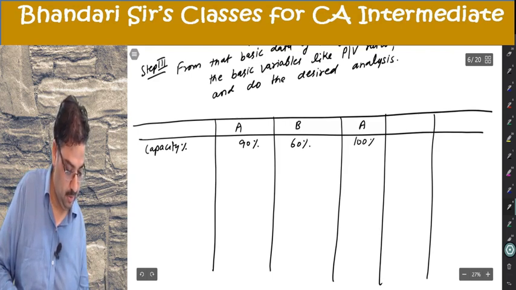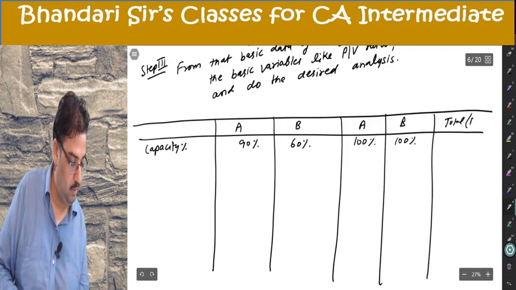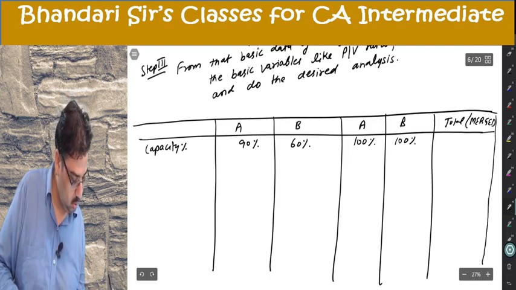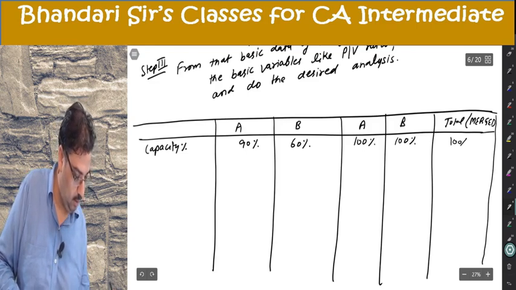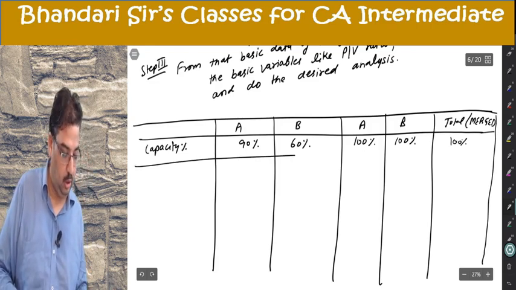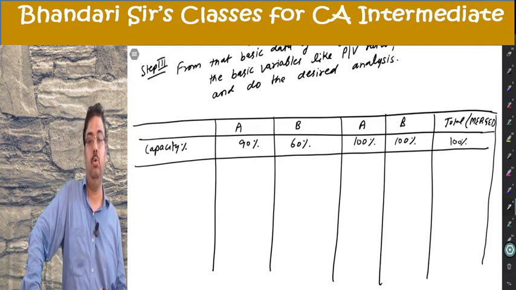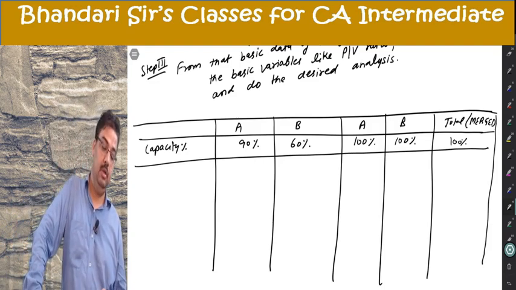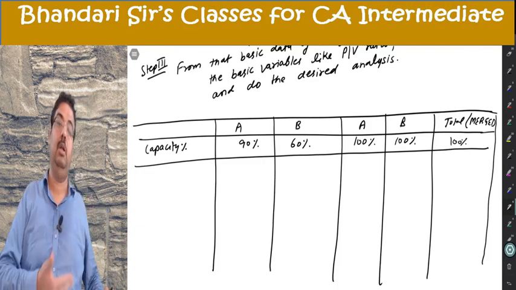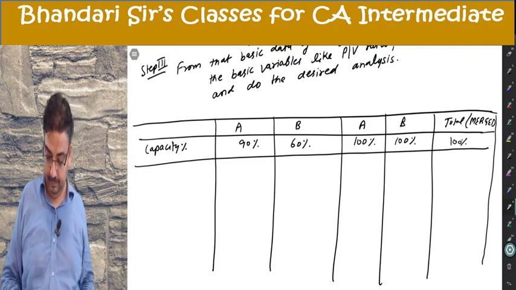A at 100%, B at 100%. This is total, that is for merged plant. Merged I am making only at 100%. Total will include column number 4 and 5 total only. 2 and 3 will not be added there because 4 and 5 are 100% level of these figures only.